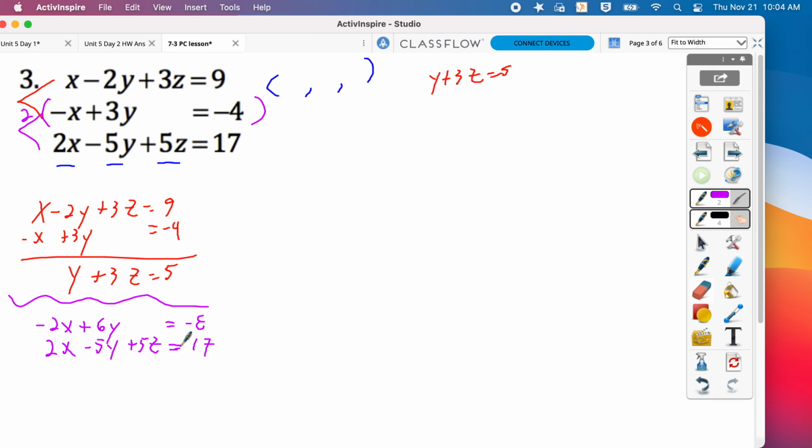So to work on these two equations, to make my x's disappear, I'm going to multiply the top by 2 like we did last class. Now I get y plus 5z equals 9. I eliminated twice.